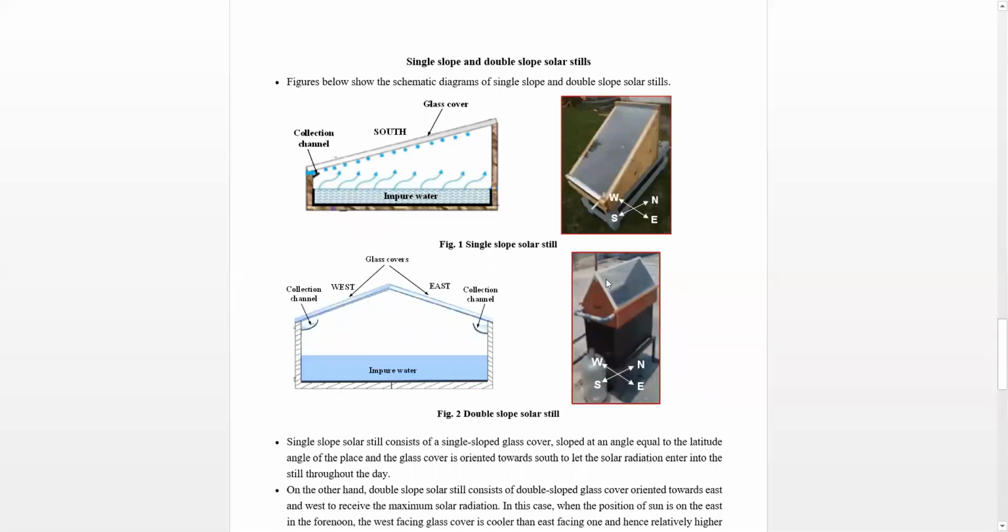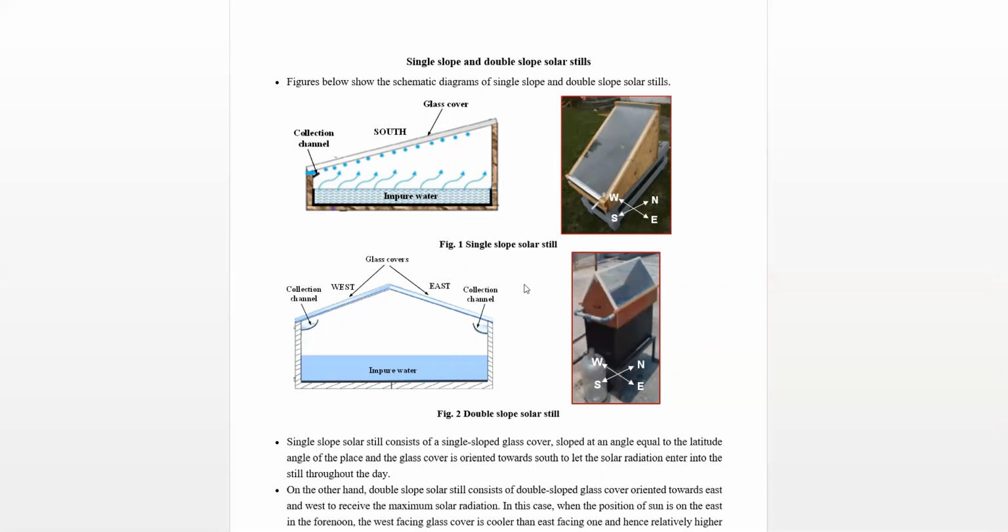See, this is how the double glass covered solar cell is kept. One of the glass covers is oriented toward the east, and the other glass cover, in this direction, is oriented towards the west. So unlike in case of single slope solar cell where the glass cover is oriented towards the south direction, what happens when the sun moves from east to west?